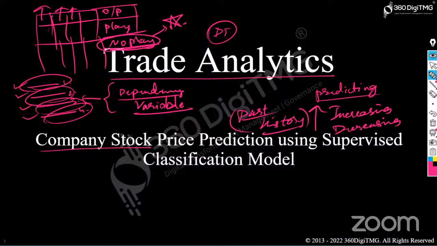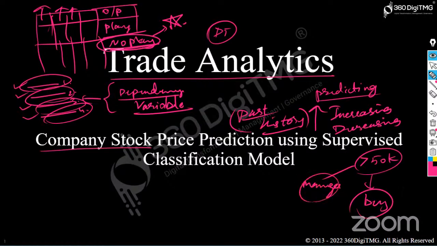Let's say, for example, I showed you one example that if the salary is greater than 50,000, they are going to buy a house. Let it be a manager, or let it be an employee who is not a manager and is a TL.